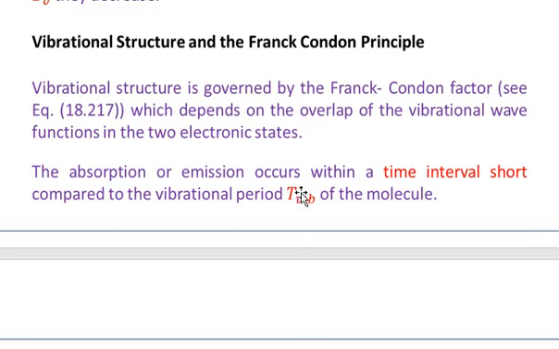The absorption or emission occurs within a time interval short compared to the vibration period T vib of the molecule. So you see that T vib, that is T vibration, is actually the vibrational time period of the molecule, and the absorption or emission transitions should occur in a time interval short compared with the vibrational time period of the molecule.